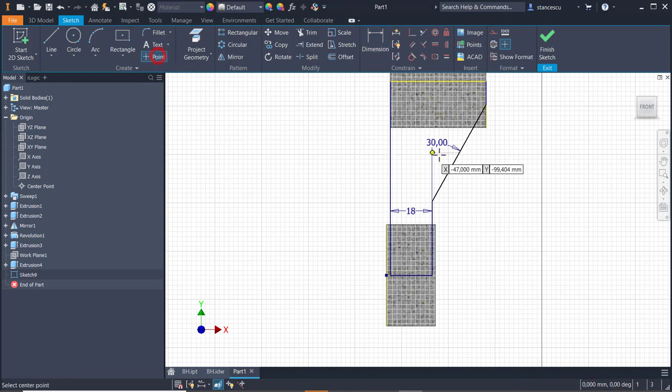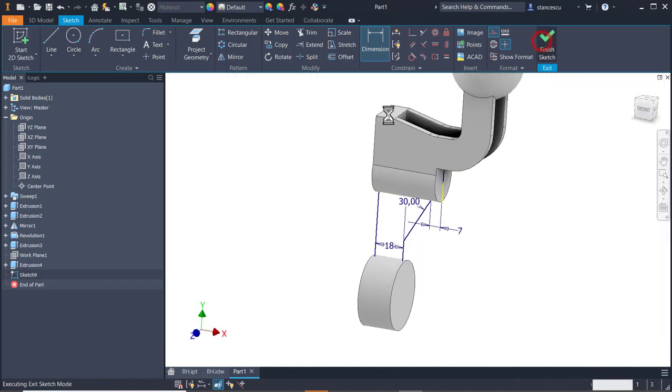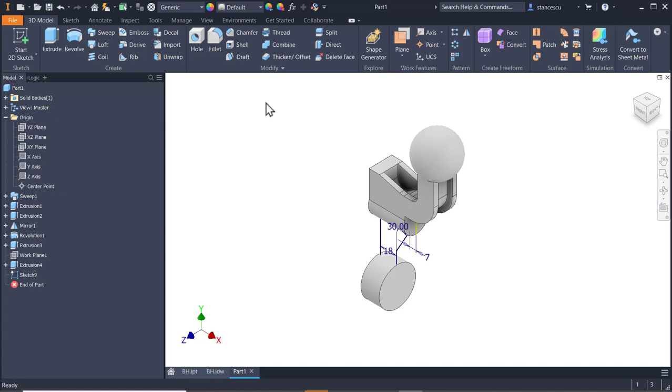I must create this point on this line to project as construction this line, to identify the point with this line, and to place the dimension between the point and the face of 7. Fully constrained. Extrude.